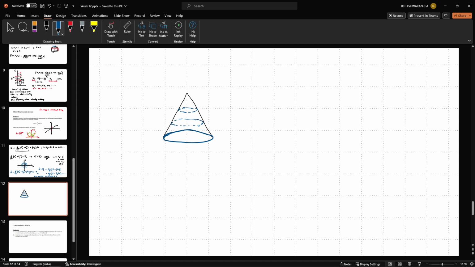So now I can draw the axis just on top of this. So this is the z-axis, and we have the xy axis passing through this. I somehow managed to miss the center for both.